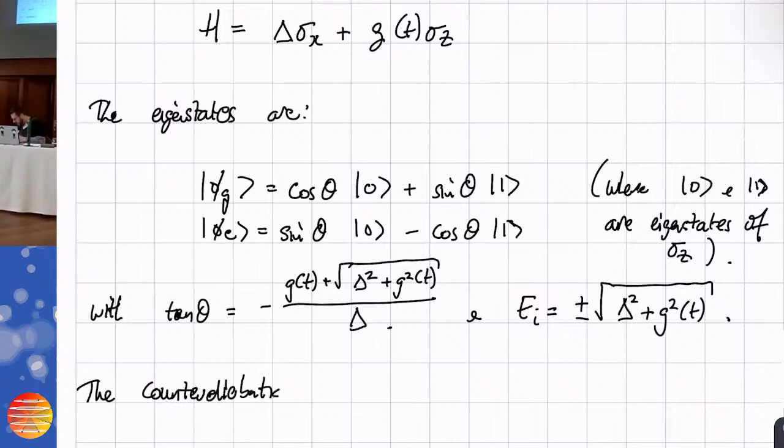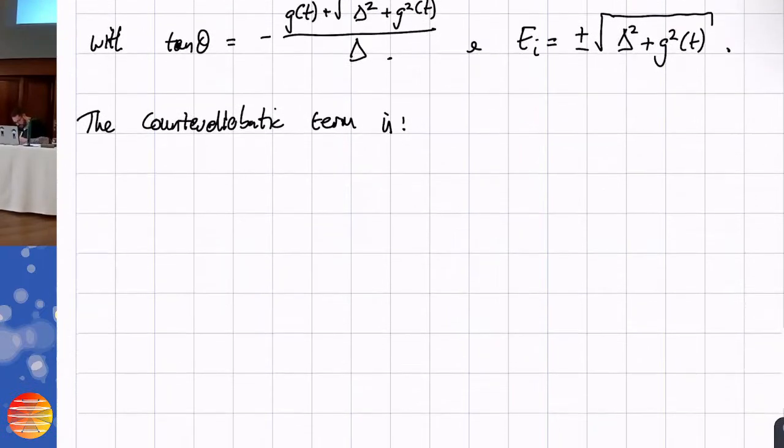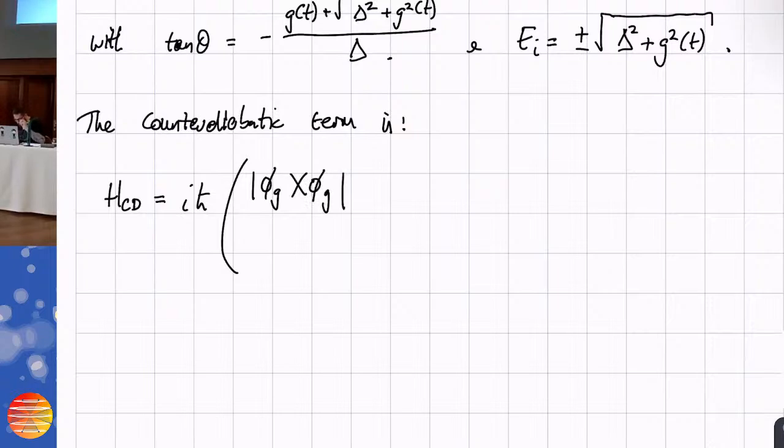The counter-diabatic term: if we use the expression that we got from the adiabatic theorem, we get i h bar times the sum over the outer products of the eigenstates, whenever they're not equal to each other, sandwiched with the time derivative of the Hamiltonian.